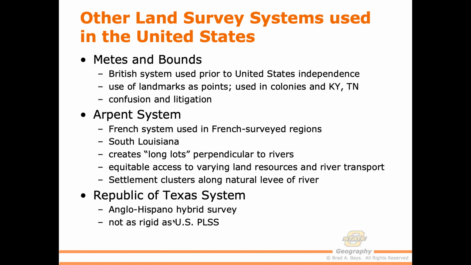So the public land survey system, one of the prerogatives of the survey system was to eliminate or at least reduce litigation, that is, court cases, between landowners. And it did that in a wonderful way.